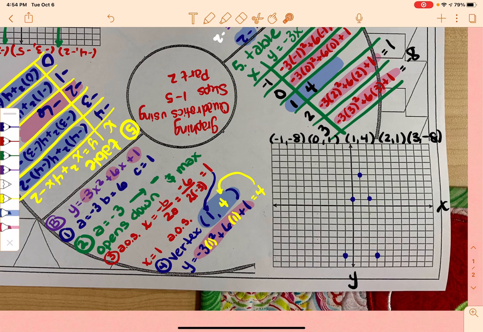So you can see the mirror image points and the vertex. You can tell, remember we said earlier, it's got to open down. You can tell this one's going to open down and it has a maximum at that vertex point. So let's see, so there and there. Okay, we'll keep working on this together in class.